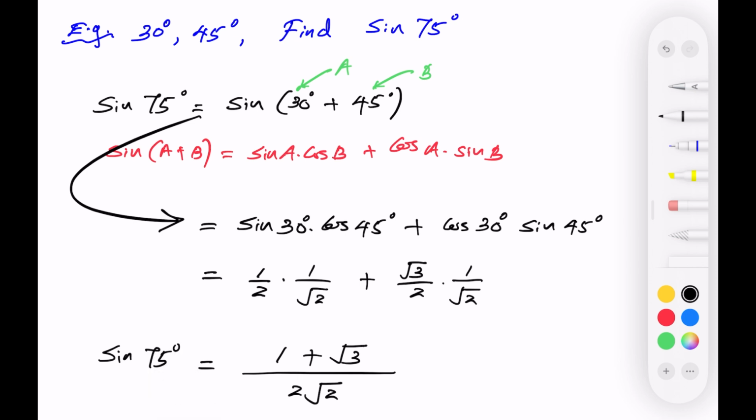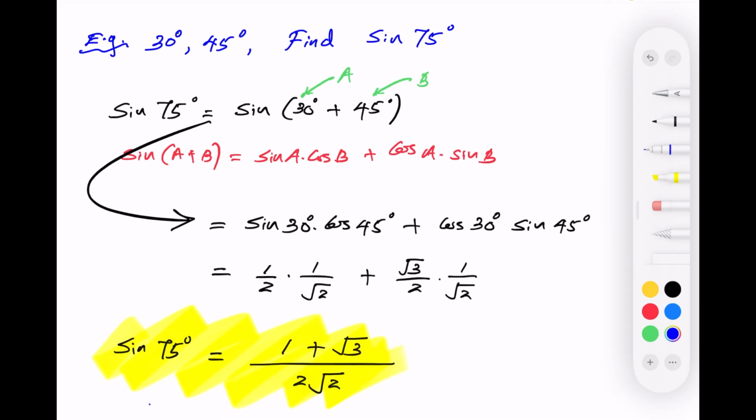I also need you to do a small exercise. This calculated value of sine 75 degrees is called the exact value of sine 75 degrees. If you use your calculator for sine 75 degrees, please make sure that your calculator is in degrees mode, then you should get a decimal value. You can also calculate the decimal value for the right-hand ratio that we just calculated.